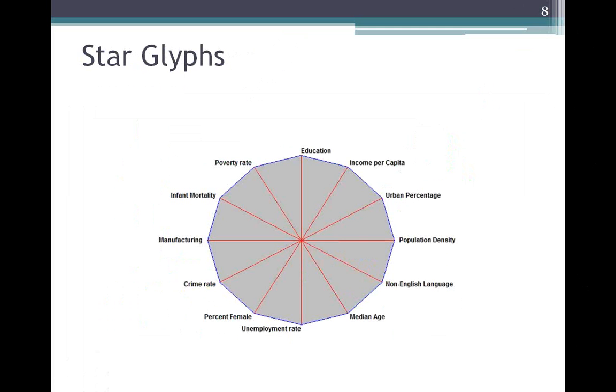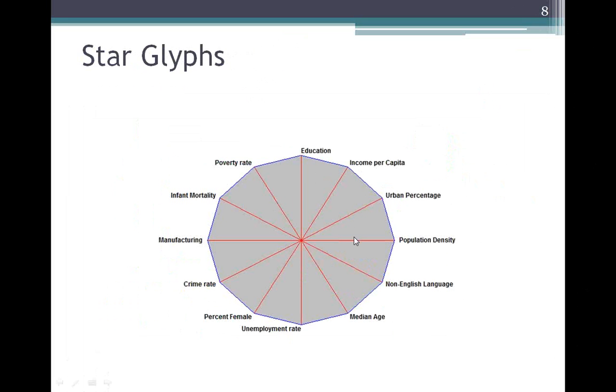Now, the key to this is I'm going to draw a glyph, an image like you see on the screen here. It's going to show the numeric value, on a state-by-state basis, for everything from education through income per capita through poverty rate and so forth.